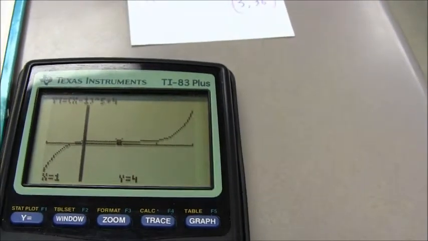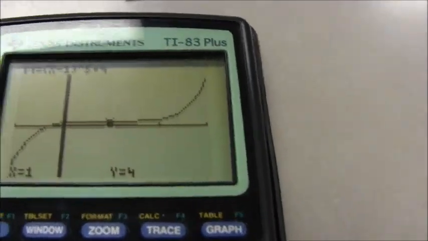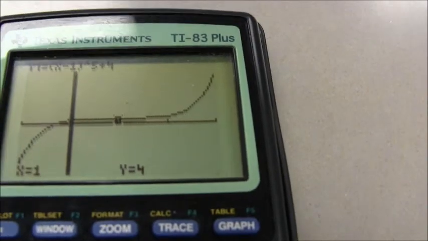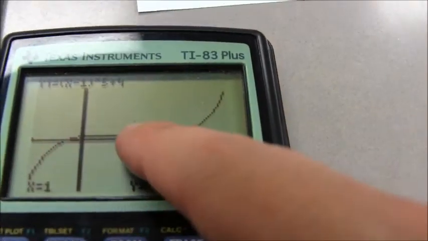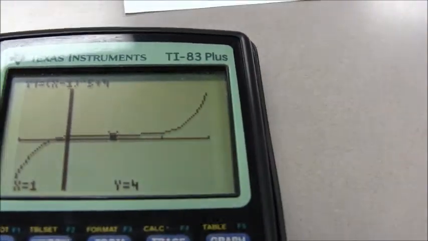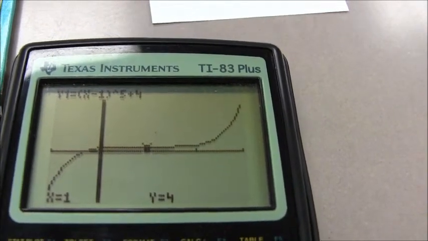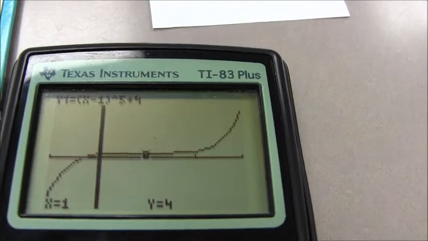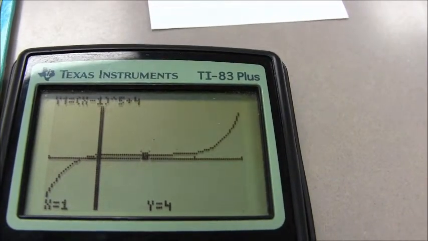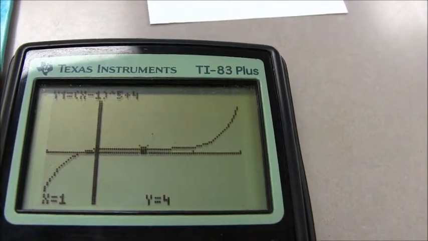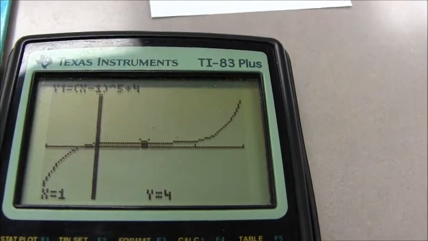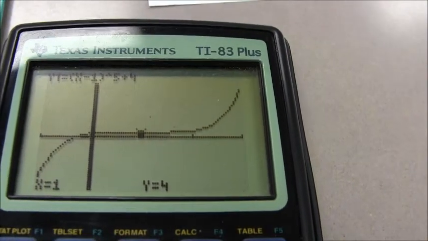So that would be what appears to be a plateau point there at 1, 4. Also, notice the concavity is down, and then the concavity goes up. So that would not only be a plateau point, but it also appears that the point 1, 4 is a point of inflection. And so that covers everything that I can see just looking at my graph. And now I'll go to the board and we'll look at more specifics with the first and second derivatives.